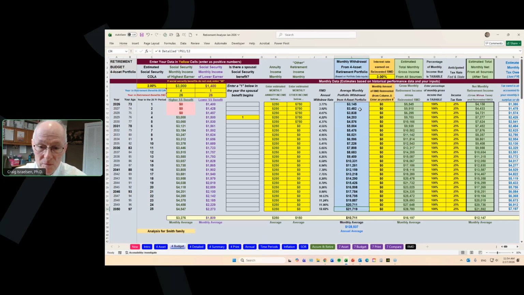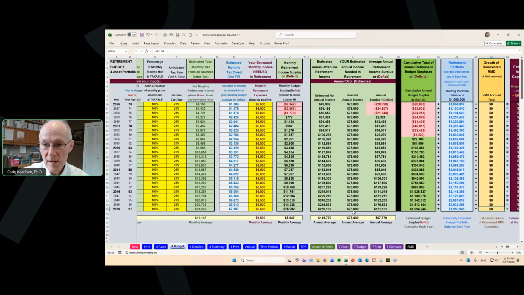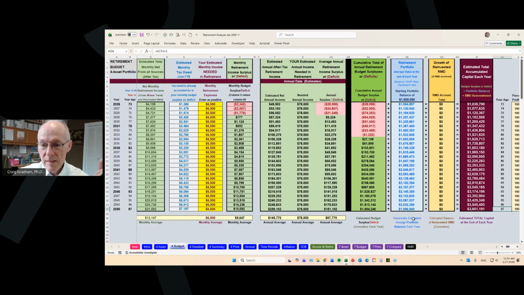was just under $22,000. Whoa, is that just a function of the high withdrawal rate? No, that's a function of, I'm just scrolling over fast here, the estimated balance in year 24, the year before, was $2 million.